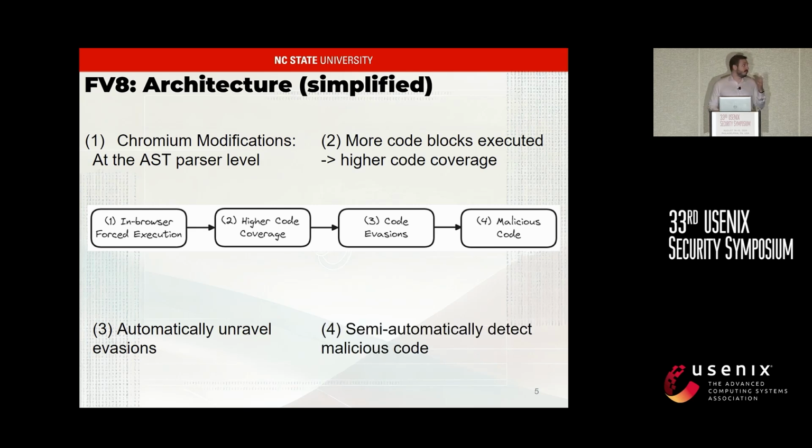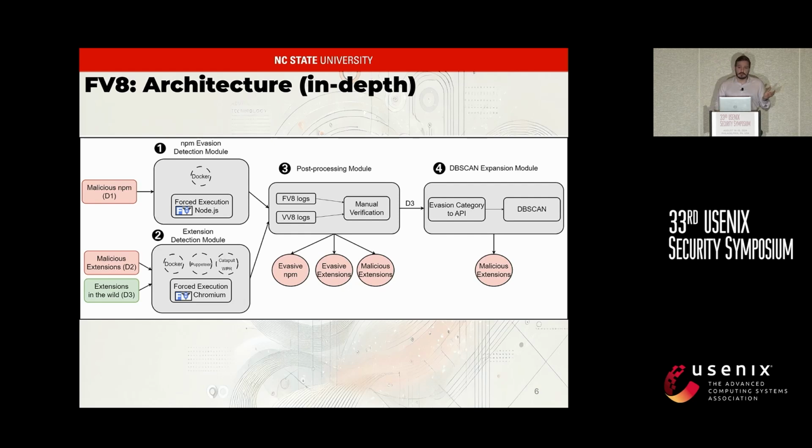If you want to see the full architecture, this is what it looks like. We're not going to dive deep into all of these elements. The main components you may want to be aware of are the NPM module and the Chromium module, where we implement our patches. This is where the forced execution happens.